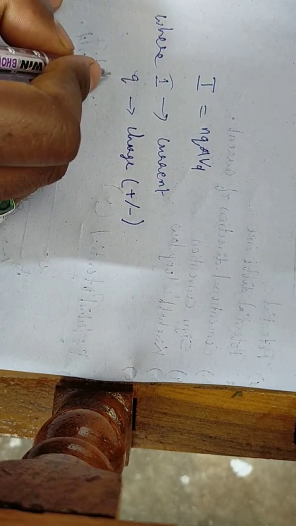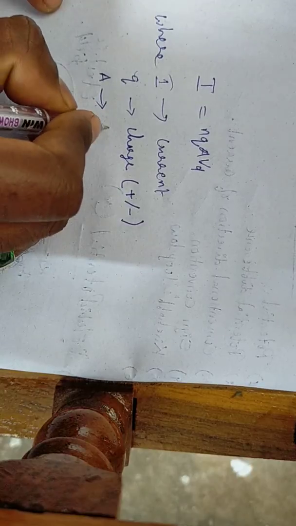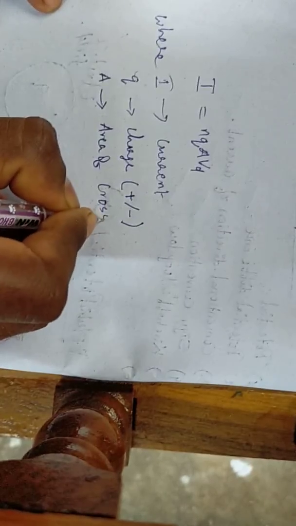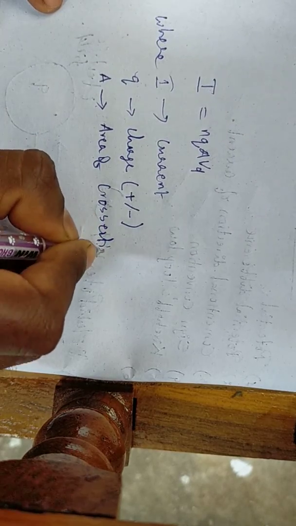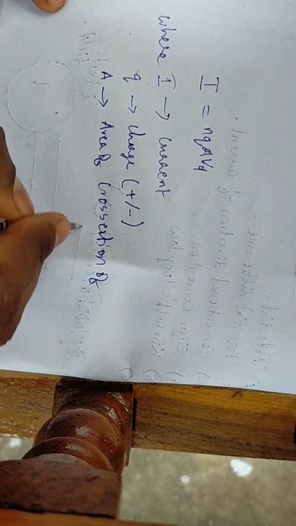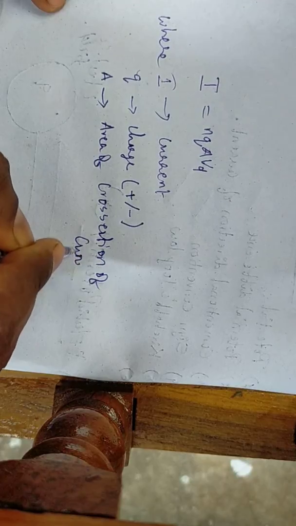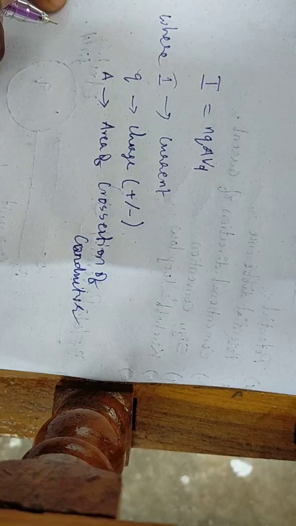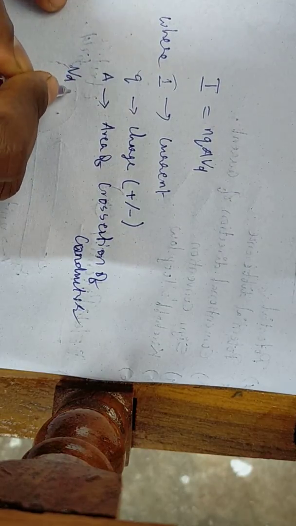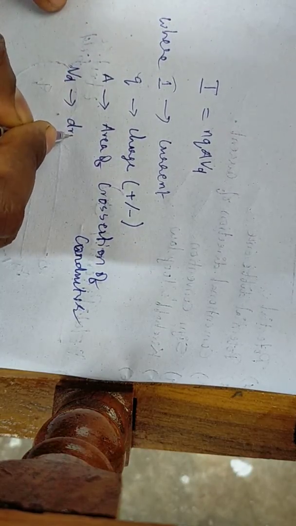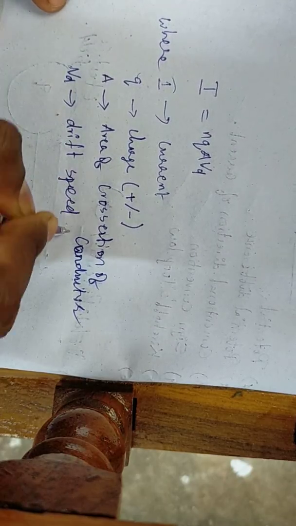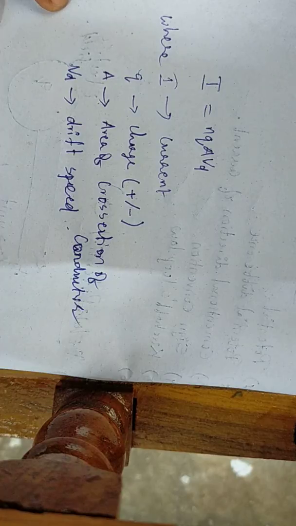Okay, and A is area of cross section of conductor, and Vd is drift speed or drift velocity, drift speed. Okay, so how can you know the direction of current?